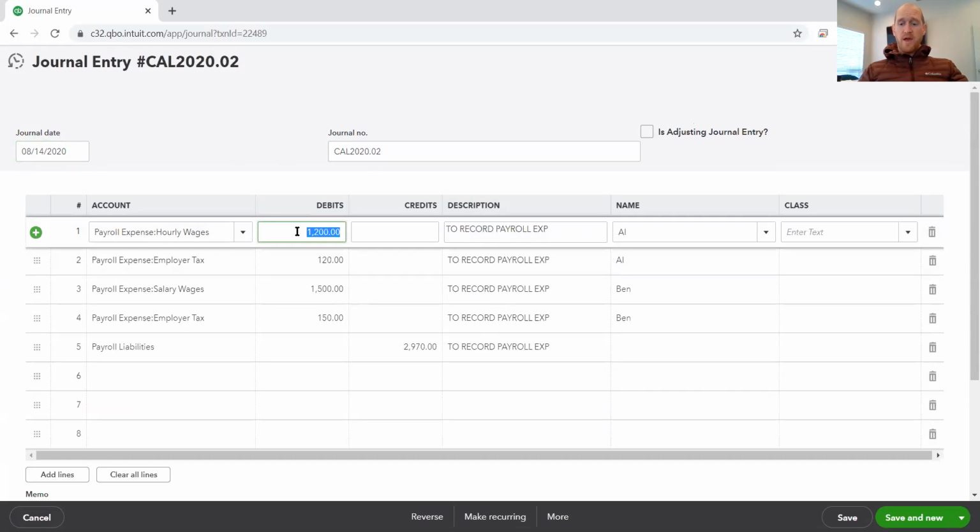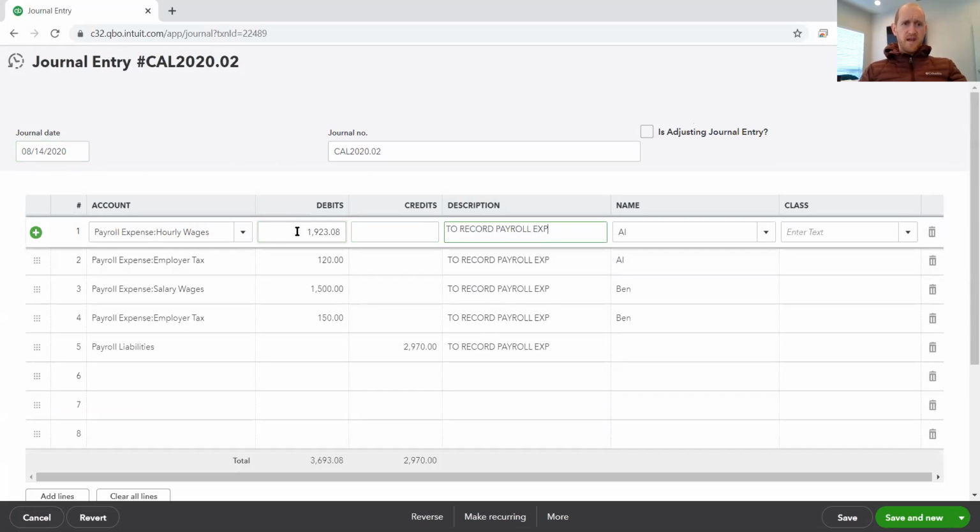And then I wanted to know, now you can do it by employee. Now, a payroll summary will do this. You don't need to do it. A payroll summary will do this. But if you want to look at it at a glance and you want to break it up between hourly versus salary employees, you can do it. And you can also break out how much it cost you per employee.